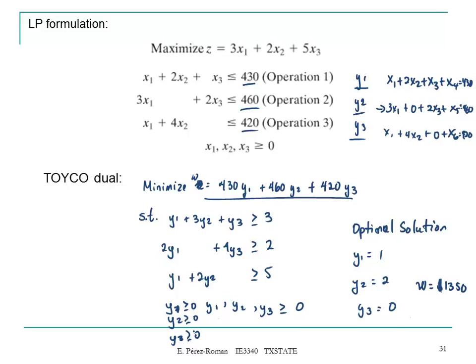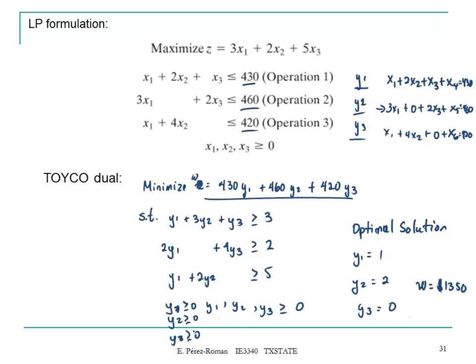For the third constraint, you have y1 plus 2y2 plus 0 greater or equal to 5. Then you come to the slack variables. You have no coefficient for x4 in your objective function, so that makes y1 greater or equal to 0.